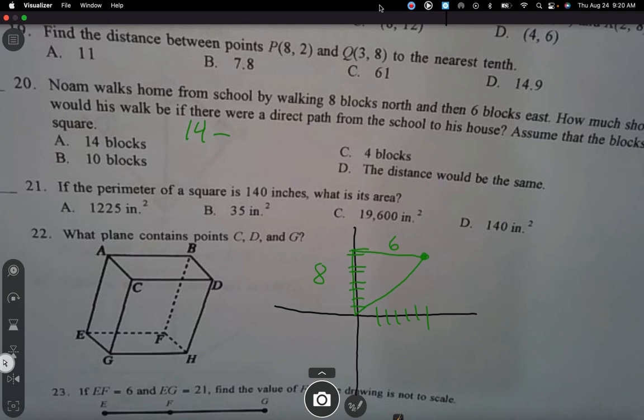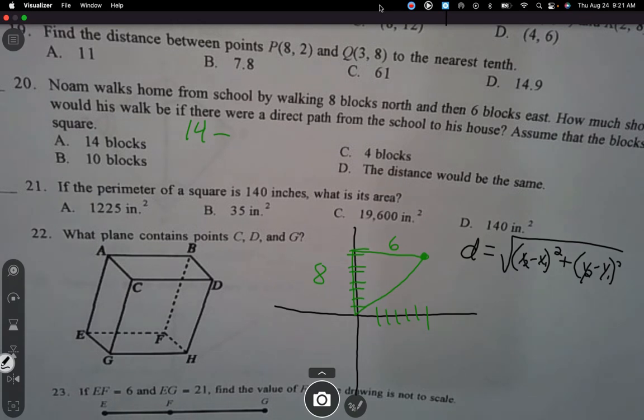How do you find the distance? The distance formula, right? What is the distance formula? The square root, you subtract your x's, and you subtract your y's. But don't forget to square them and square root all that.